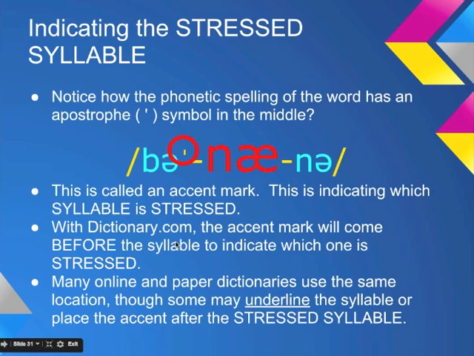With dictionary.com, the accent mark will come before the syllable to indicate which one is stressed. So in this case, the symbol here represents that the second syllable will be stressed. Many online and paper dictionaries use the same location, though some may underline the syllable or place the accent after the stressed syllable.